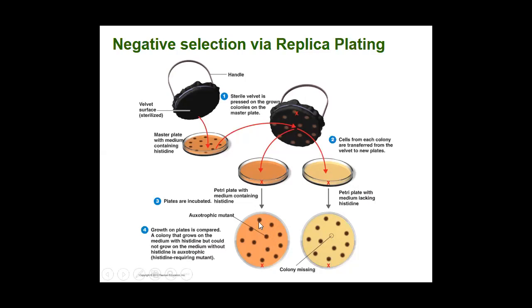So we can say that this colony here is a mutant, and that is it will only grow if the amino acid histidine is supplied in the media. And that is a negative selection for a mutation. Any question about any of that?